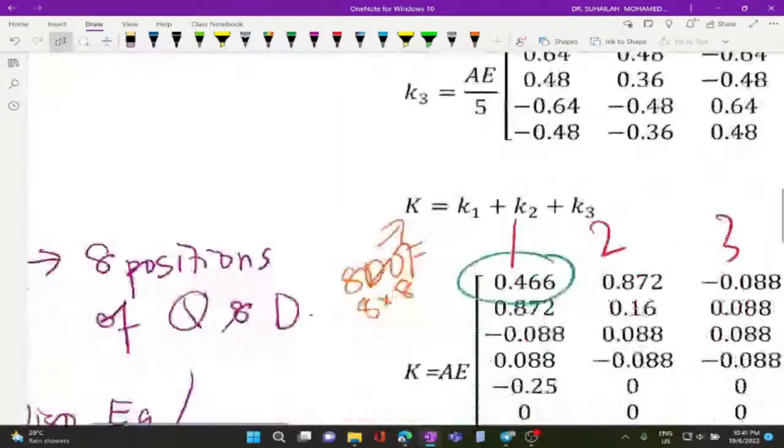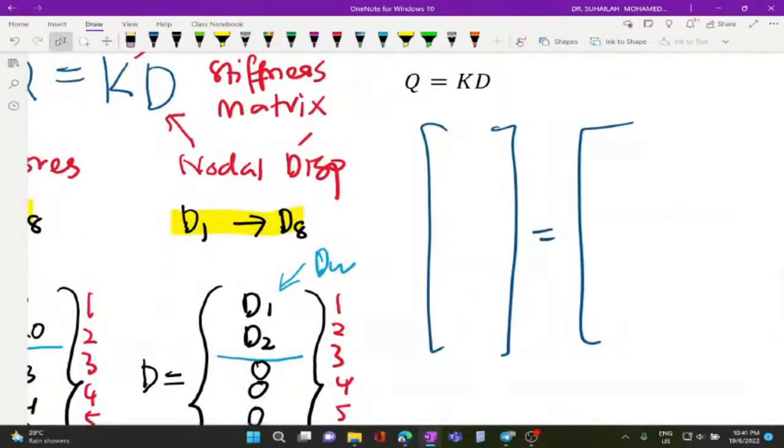This is Q1, Q2, Q3, Q4, Q5, Q6, Q7, Q8. There are 8 Q. Q3 until Q8 are the reactions at the support.